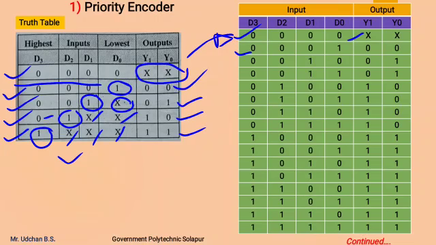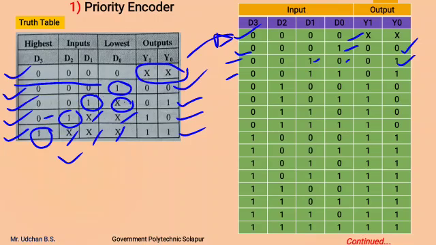In the second case, D0 is 1 and all other 3 inputs are 0, so we get output with respect to D0. In the third case, D1 is 1, D3, D2 are 0 and D0 is also 0, so we get output with respect to D1 as 0 1. In the next case, D3, D2 are 0 0, D1, D0 are 1 1.